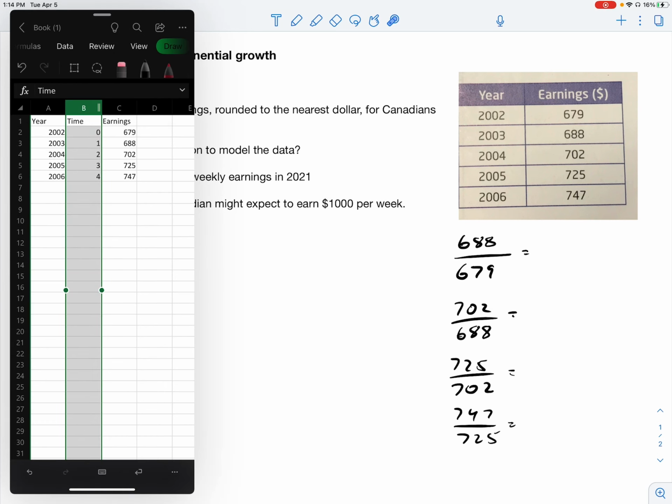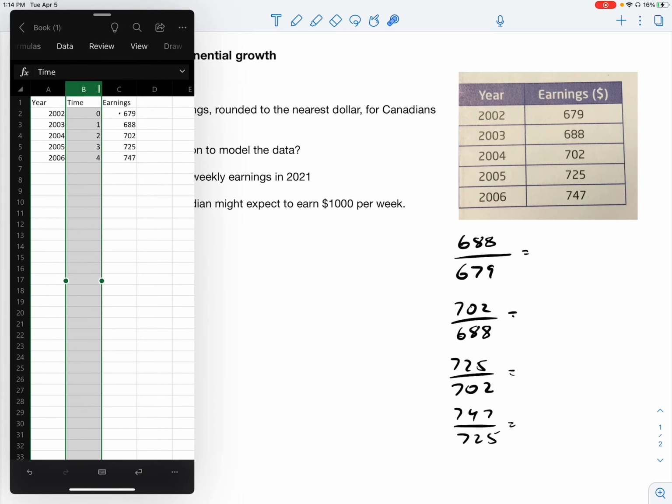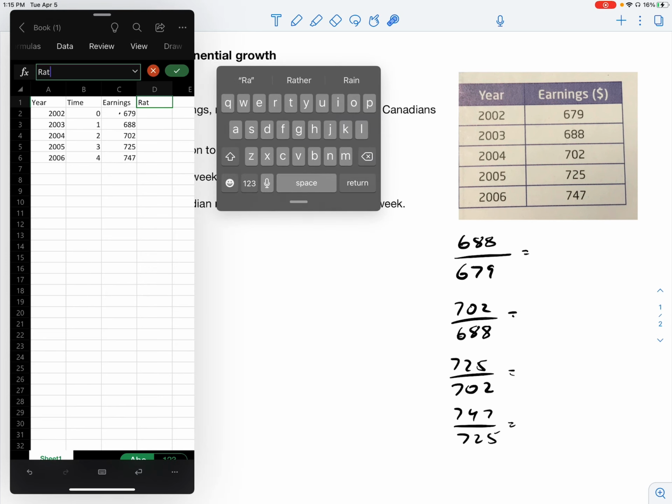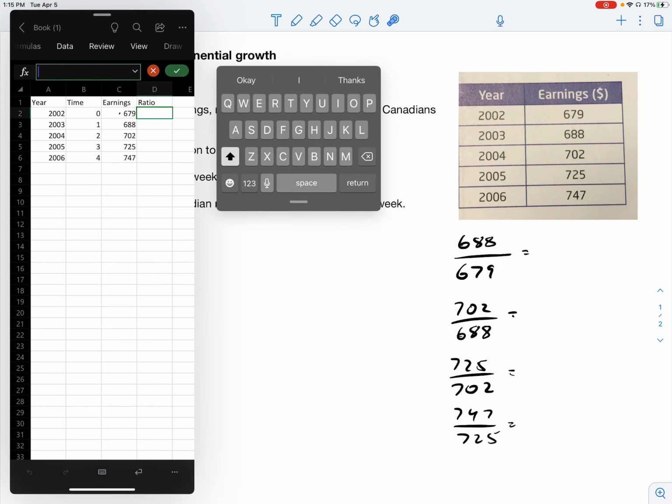So if 2002 is the start year, that's time 0, and the earnings were 679 for that one. Okay. Now what I like to do is calculate that ratio. So I'm just going to type in ratio here. And then in here, I'm going to give it an equation.